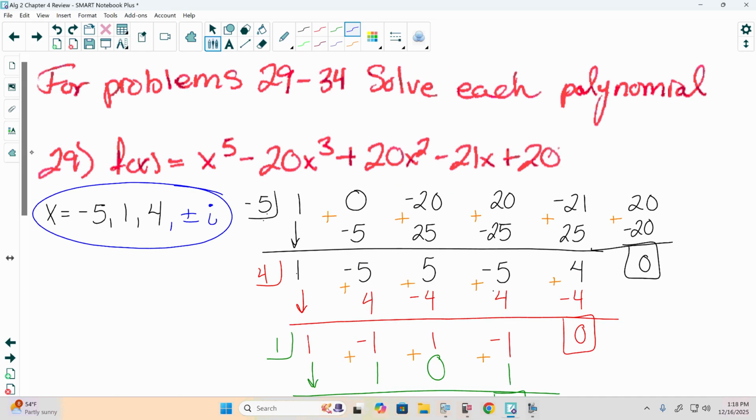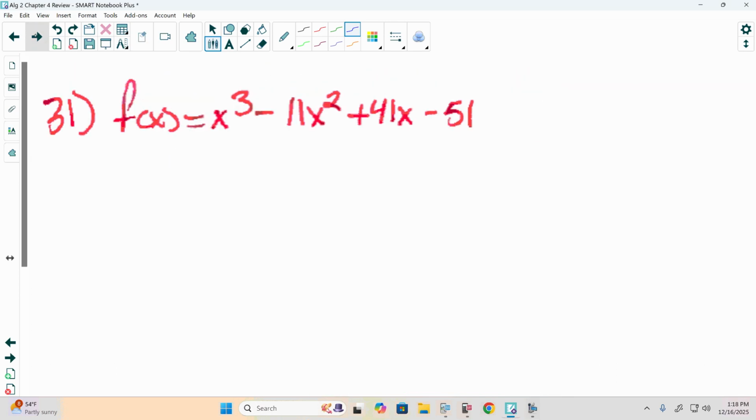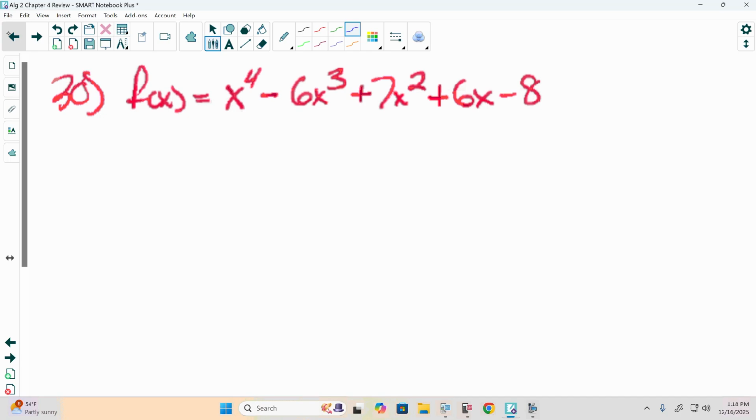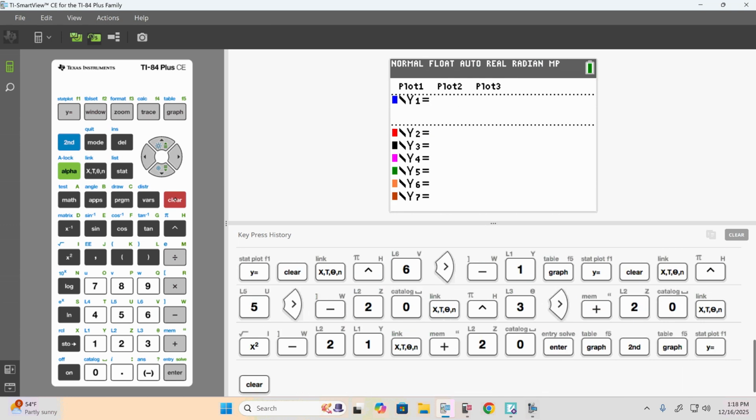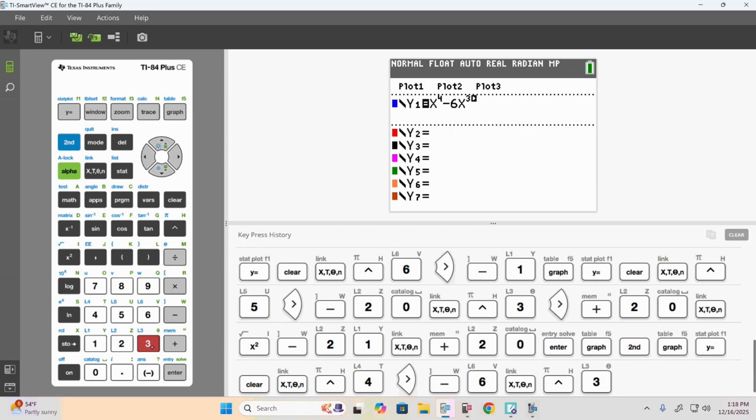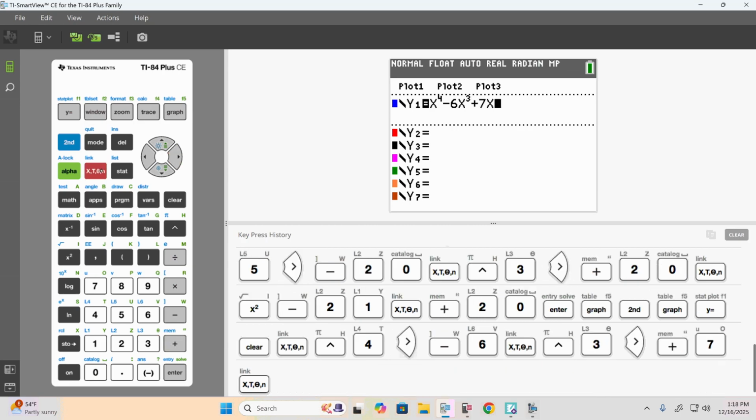Questions on this here? We're going to skip, we'll look at 30. x to the 4th minus 6x cubed plus 7x squared plus 6x minus 8. Now, before I graph this, it is a degree what? 4, yes?